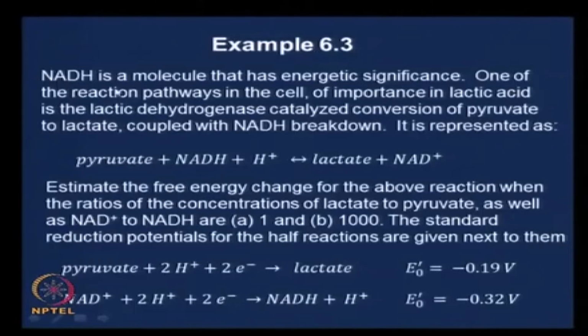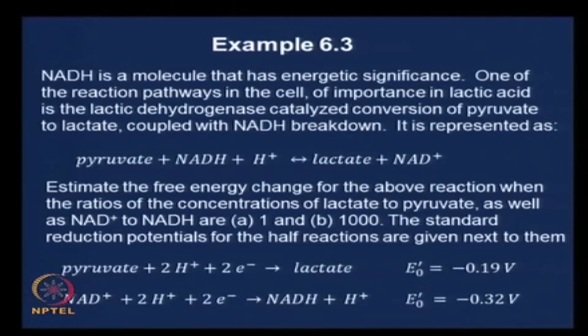If you recall the metabolism of the cell, the primary metabolism from your biochemistry course, you would have done this quite in detail. One of the reaction pathways in the cell of importance in lactic acid production is the lactic acid dehydrogenase catalyzed conversion of pyruvate to lactate.